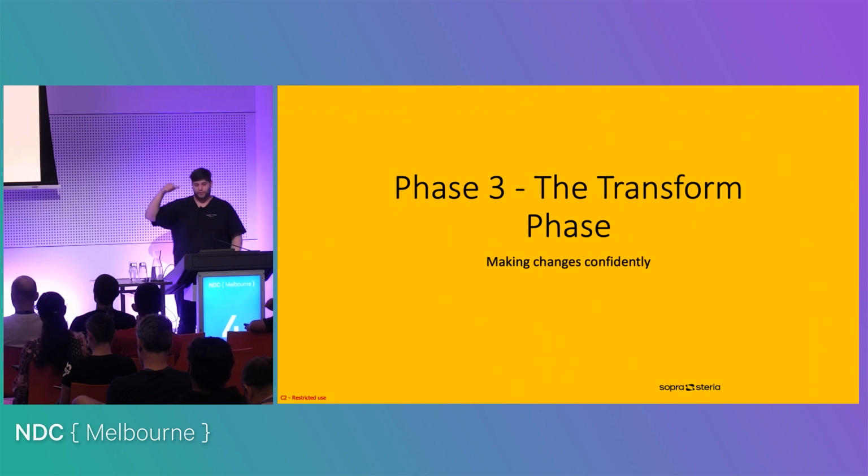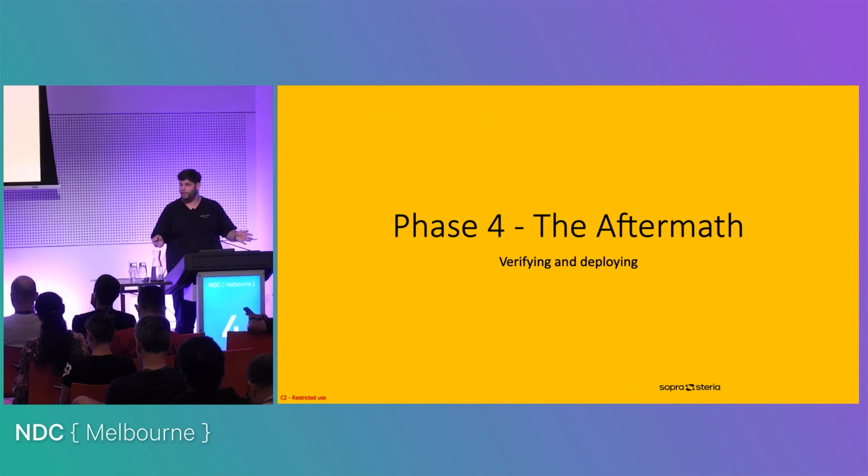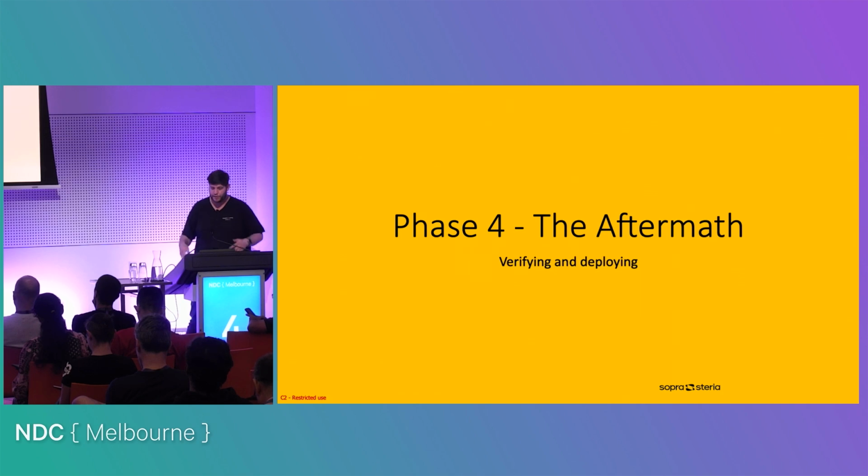Then we go into the actual transform phase, where we make the changes to the code, to the components, to everything, to switch it from the old state to the new state and see the actual refactor happening. And then we have phase 4, where we have a check, have a look, go live, make use of feature flags, all these kinds of things, and verify that the refactor happened as we would like it to happen.